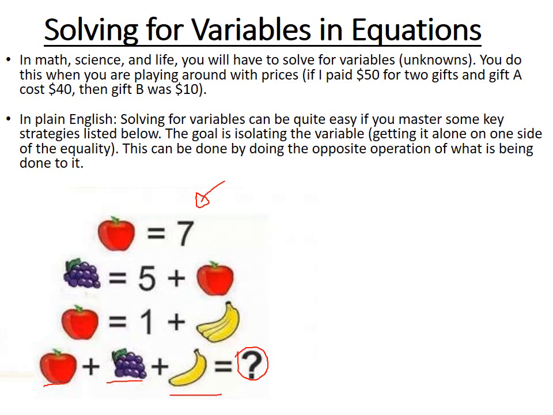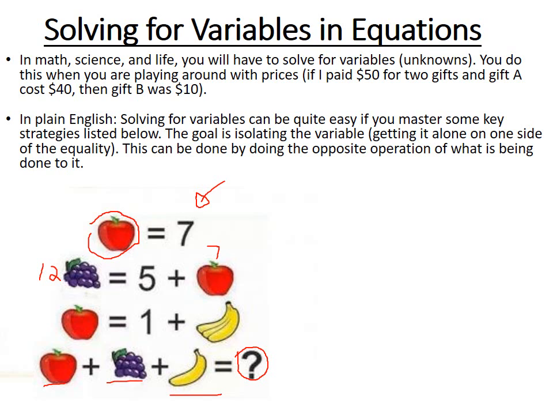And in a way, when you're doing this, you're actually solving for variables. So for example, you know here that the apple is equal to 7, and well, if the apple is equal to 7, you can write that down over here. So 5 plus 7 is equal to the grape, a bunch of grapes here. So that means the grapes are equal to 12.